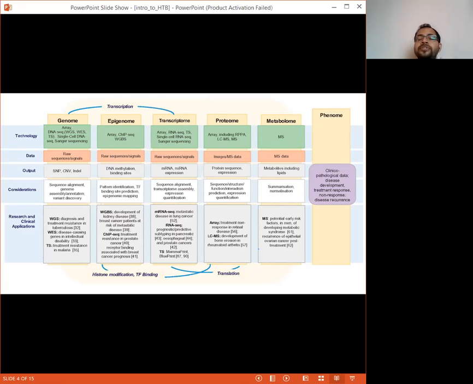You can choose which kind of data you will take, which kind of pipeline you will use. Now, what is a pipeline? A pipeline means the steps to be followed to perform the bioinformatics analysis. These are not one step processes. You need to perform multiple steps for analyzing such large scale data. So based on that, you can get different outputs from different data sets. That is my point.